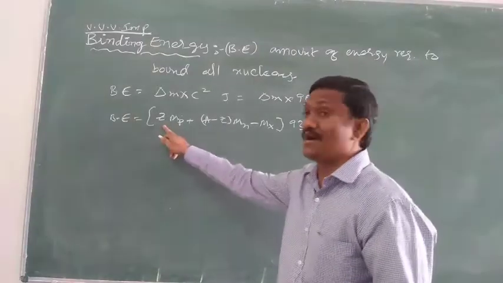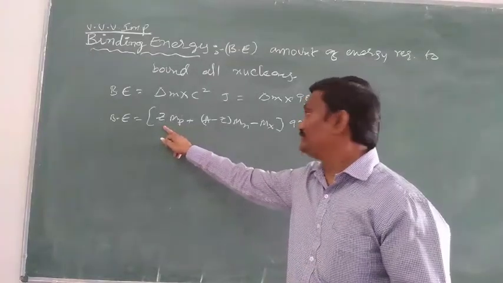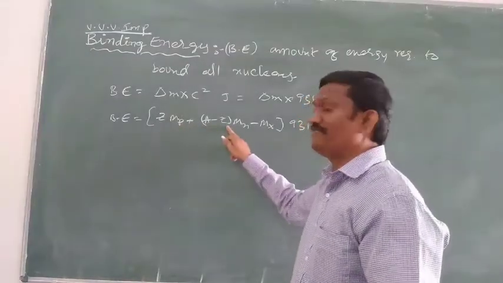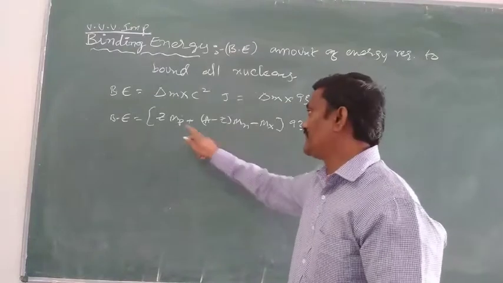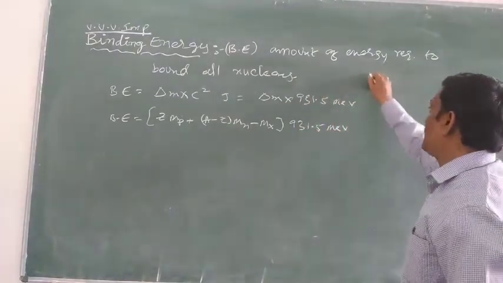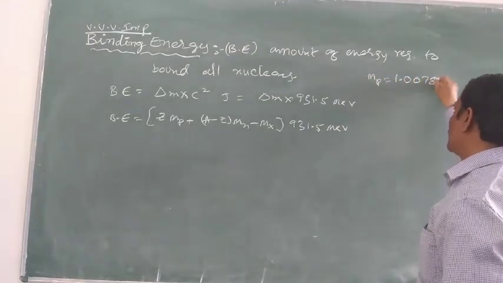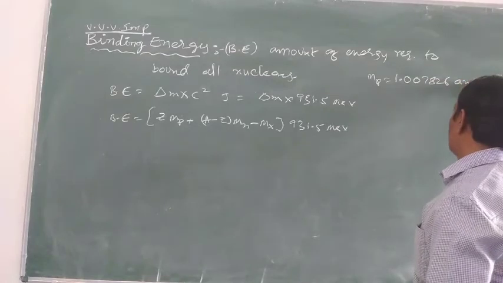Here Z means the atomic number, the number of protons. A minus Z means the number of neutrons. Mp means the mass of one proton. We know the mass of one proton is a standard value, 1.007826 AMU.